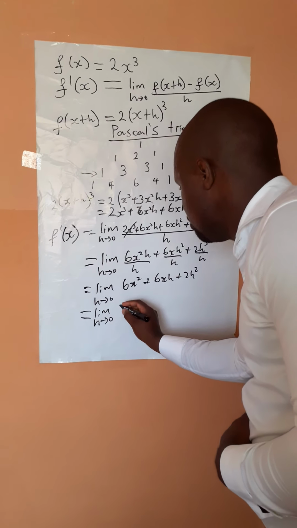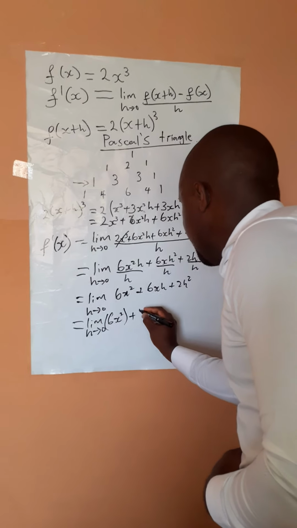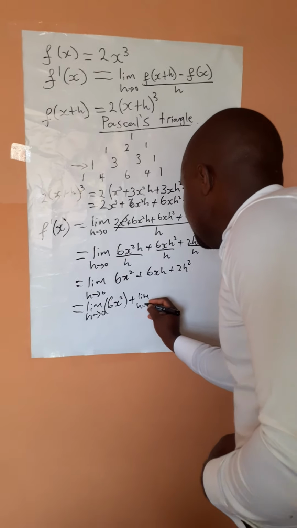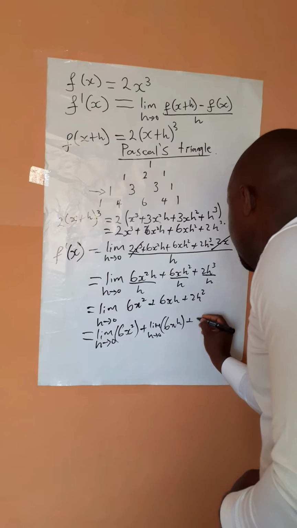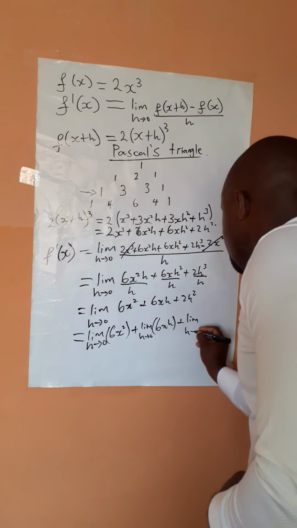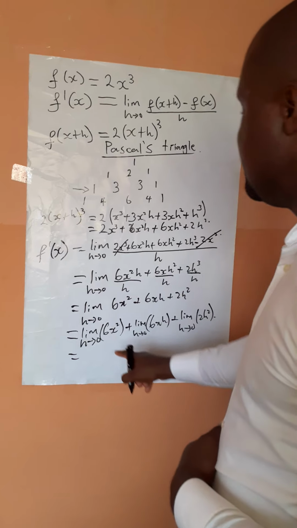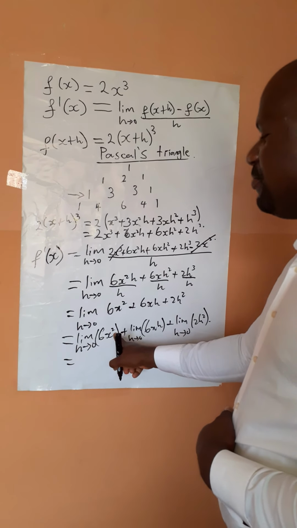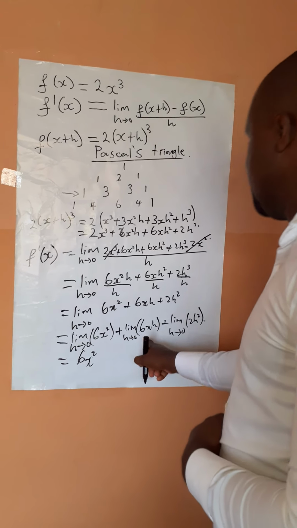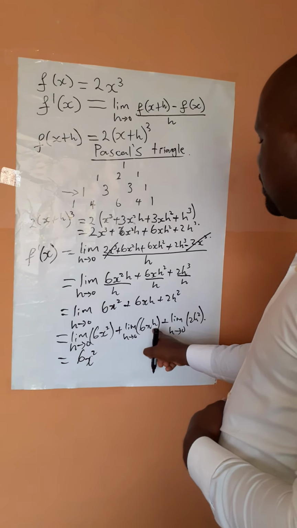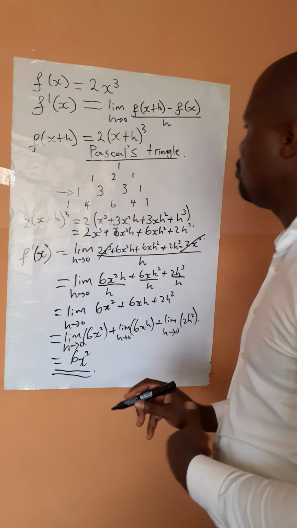So the limit as h tends to 0 of 6x squared, plus the limit as h tends to 0 of 6x h, plus the limit as h tends to 0 of 2h squared. This is equal to, we do not have any h here, so this becomes 6x squared. The other terms give you 0, because as h tends to 0, 6x h becomes 0, and this becomes 0 again. So this will be your final answer.